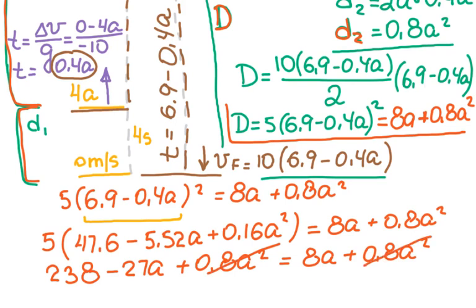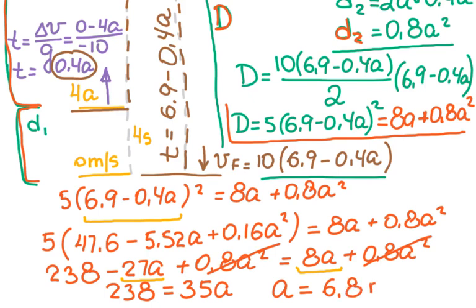Then I'm gonna add 27a to the other side, so I have 238 is equal to 35a. So a is equal to 6.8 meters per second squared. So this is how I find acceleration.